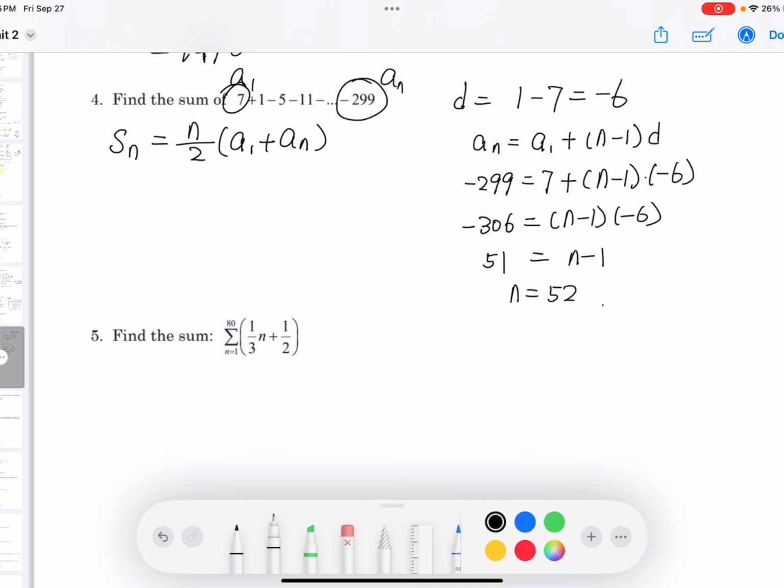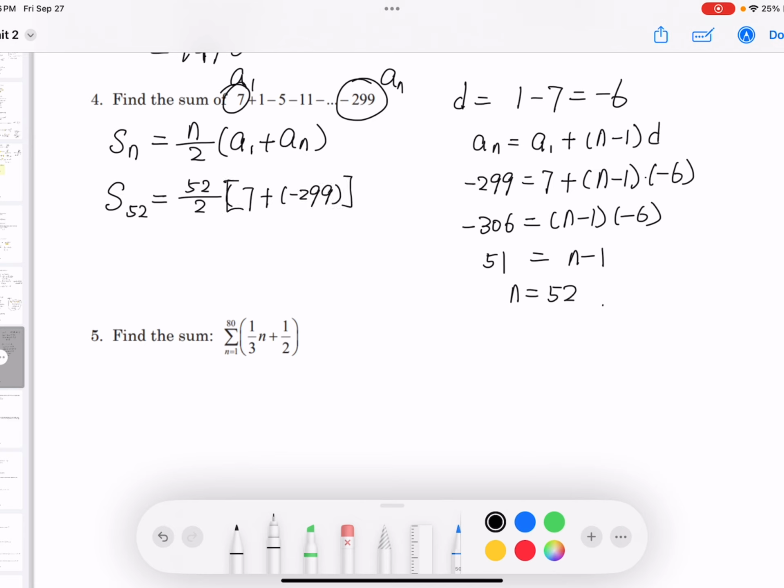So if n is equal to 52, we have S sub 52 is equal to 52 over 2, all multiplied by the bracket 7 plus negative 299.